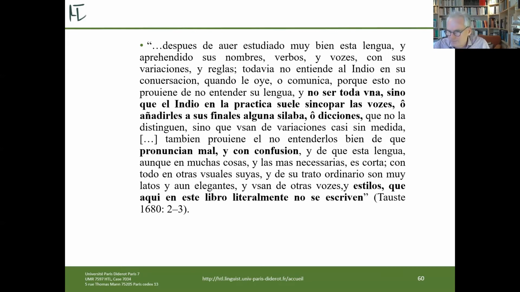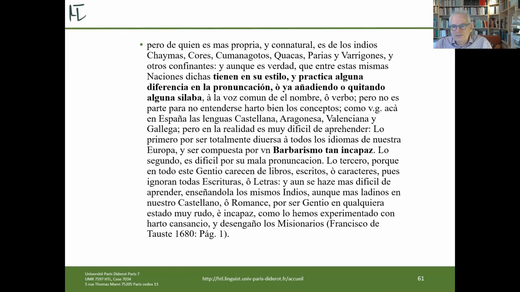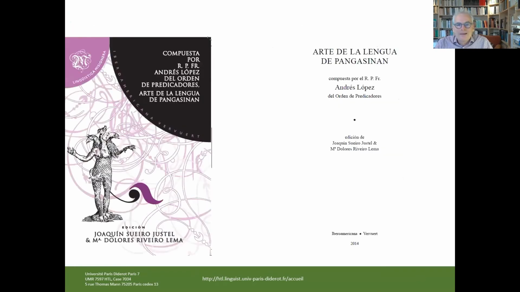So they pronounce it badly. There's confusion about that. Barbarismo incapaz, and it's frequently found they are not able to give the rules.